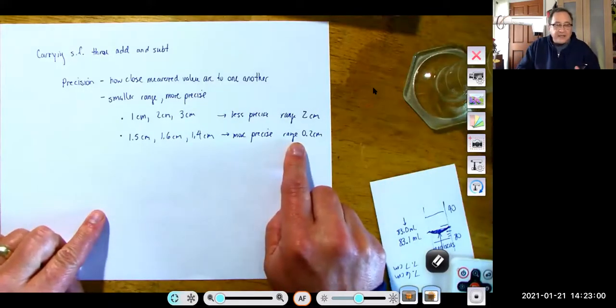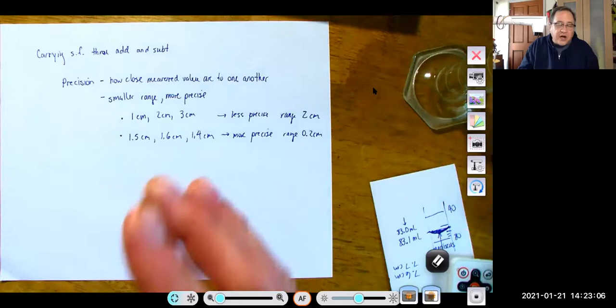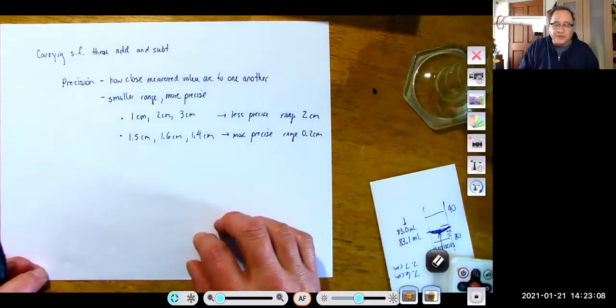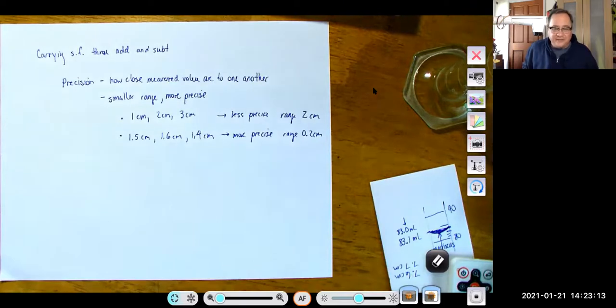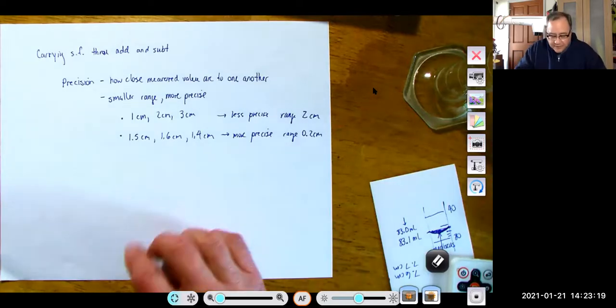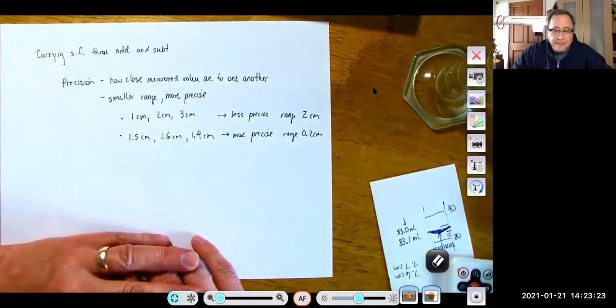If you think about it in terms of addresses, if you give me a street and an address on that street, that's more precise than just saying, oh, I live on W Street. But if you give me an actual number on W Street, that's more precise. Are there any questions about this idea of precision? Yes or no?